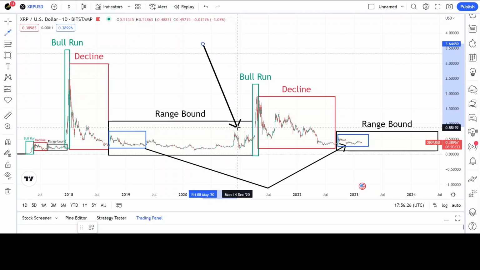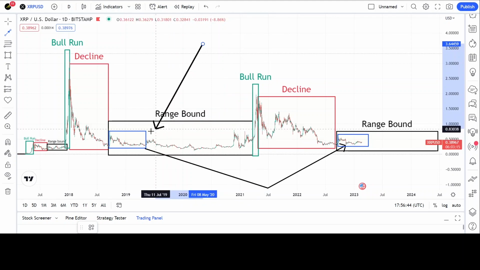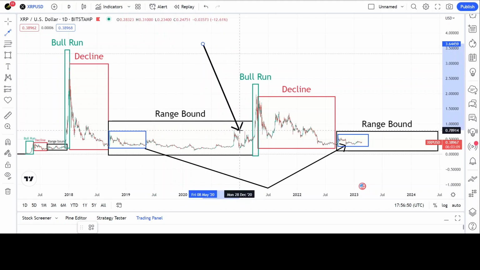The reason why I say that it's not a popular thing to say is the belief is that as soon as this lawsuit is over, it's going to go into a bull run. Now, that could take place. However, that would need to come at this point in the chart. So that would be saying that XRP will remain in this limbo land legally with this lawsuit for a while longer until we get to that point where the bull run starts.